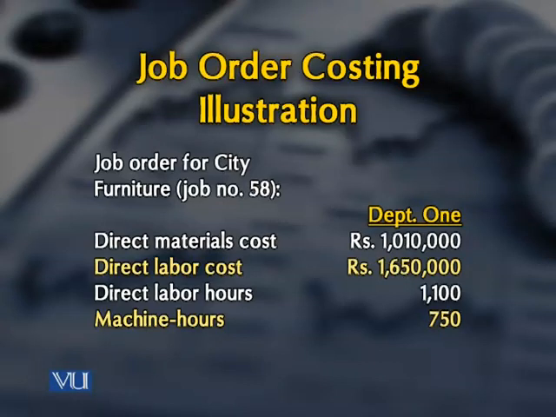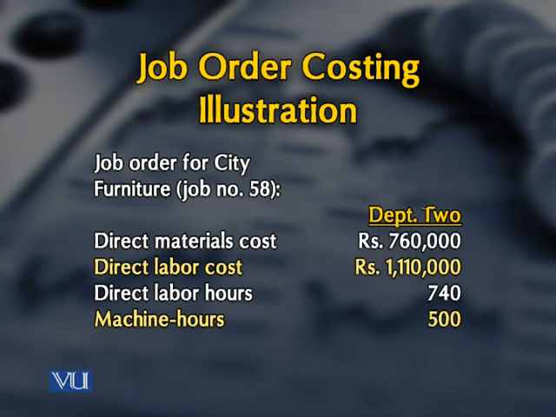Direct labor cost in Department 1 is 1.650 million, and in Department 2 it is 1.110 million. Direct labor hours in Department 1 are 1,100, in Department 2 they are 740. Machine hours in Department 1 are 750, and in Department 2 they are 500.